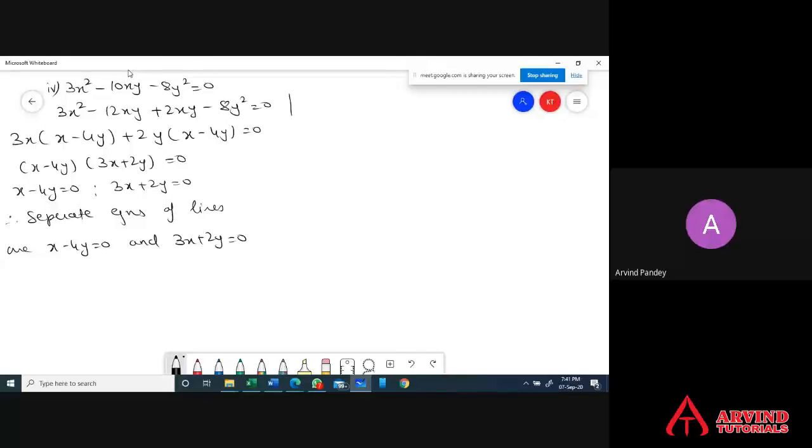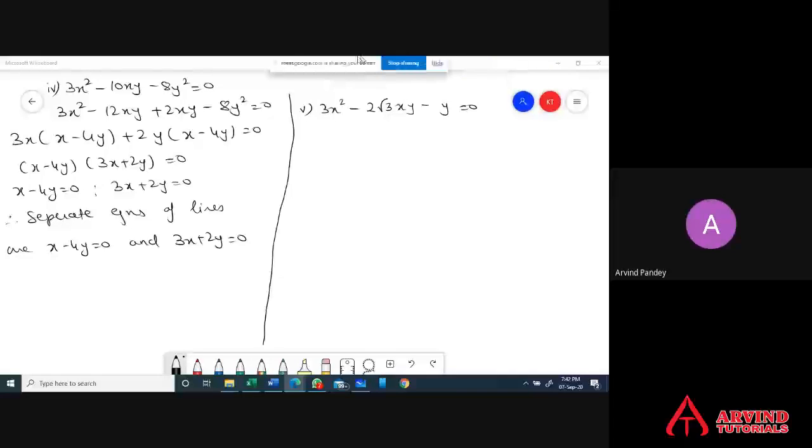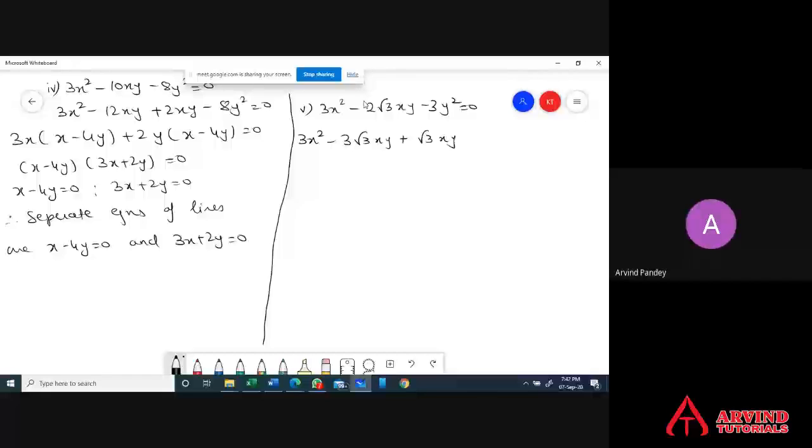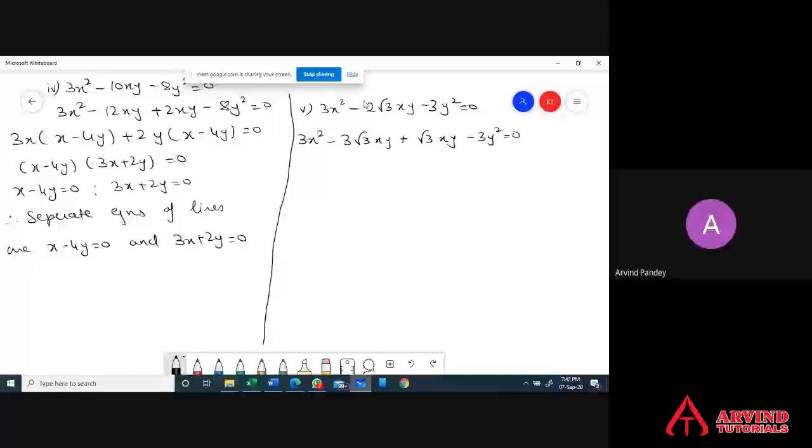Okay. Then your fifth question, you are given 3x square minus 2 root 3xy minus 3y square equal to 0. Okay, so the factors will be like this: 3x square minus 3 root 3xy plus root 3xy minus 3y square equal to 0.